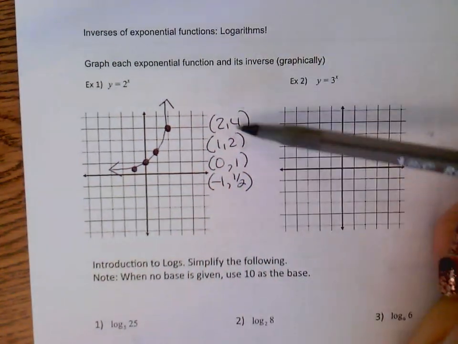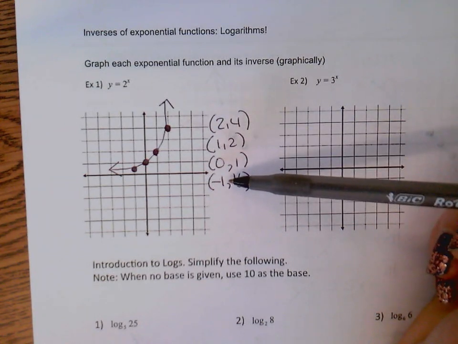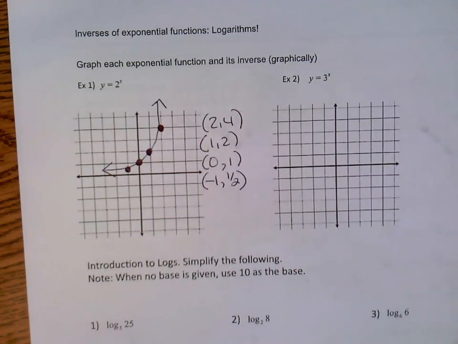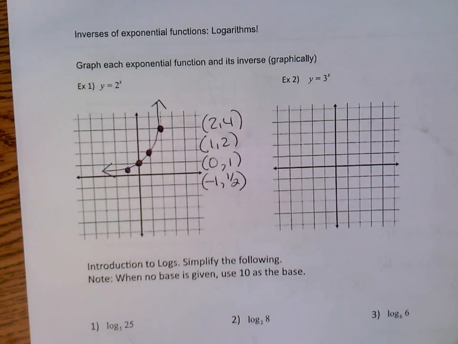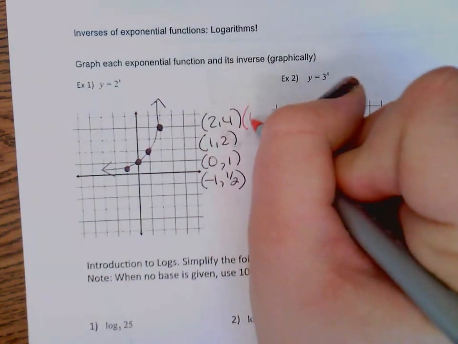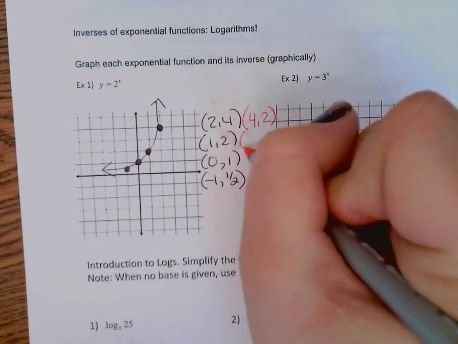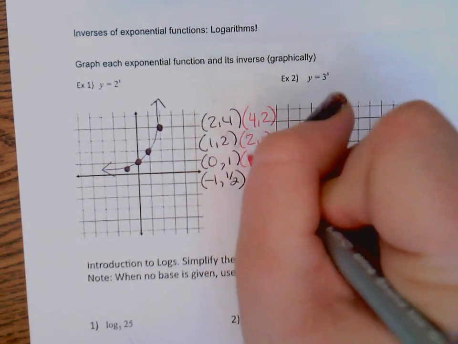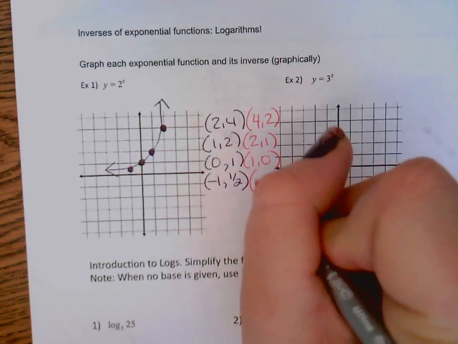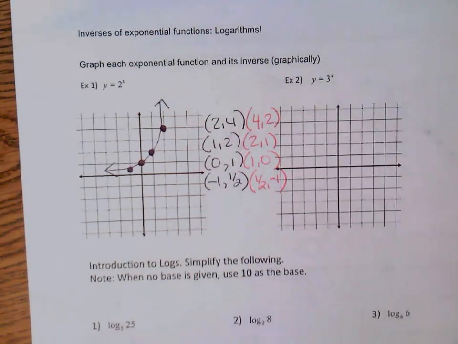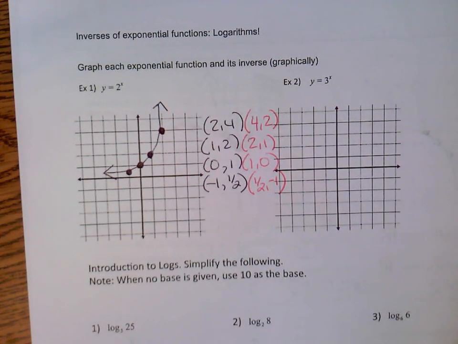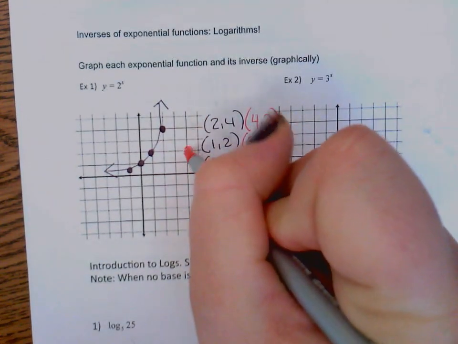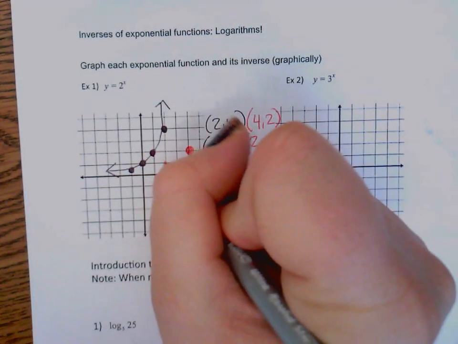If you have a cluster of points, you flip the x's and y's, and then whatever you get is going to be the graph of your inverse function. So 4, 2, 2, 1, 1, 0, and 1/2, negative 1 are our inverse coordinates. So wait a minute while you graph those.